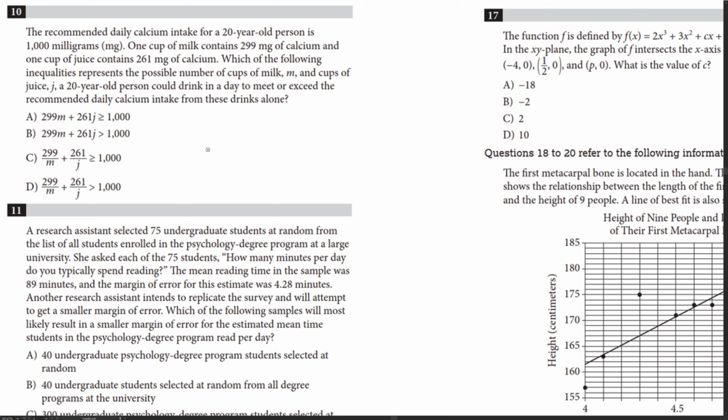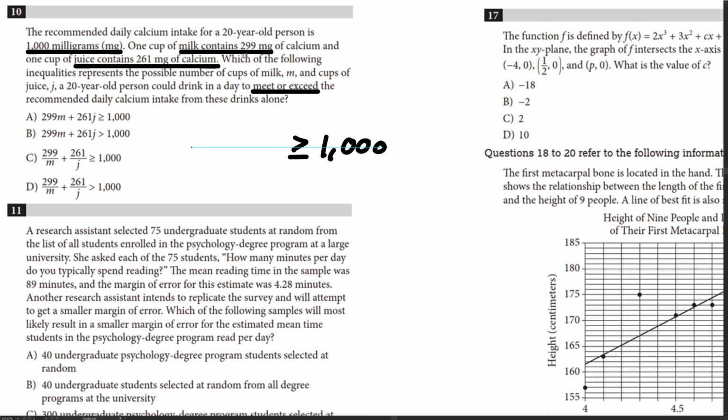So the first thing I'm going to note is that we have to meet or exceed 1,000. And then 1 cup of juice contains 261 and 1 cup of milk contains 299. So when I write out this inequality, it's going to be greater than or equal to 1,000.